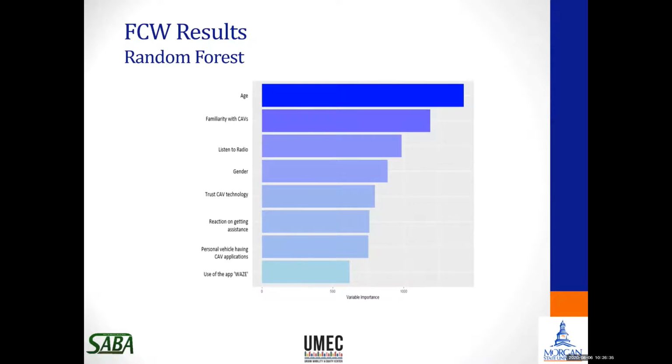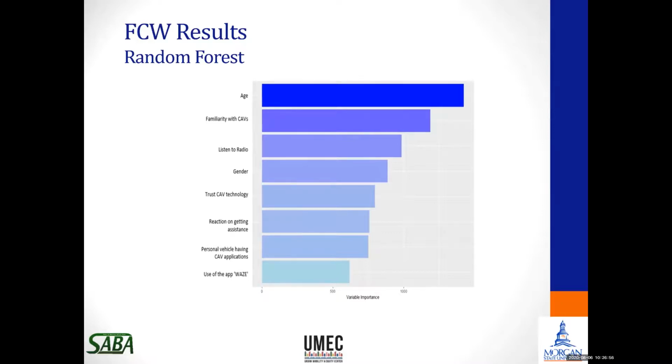As you see in this, we did a random forest model, and these are the variables that affect the change in speed. The most important variables are these three: age, familiarity with CAV, and I mean, these two are more effective.